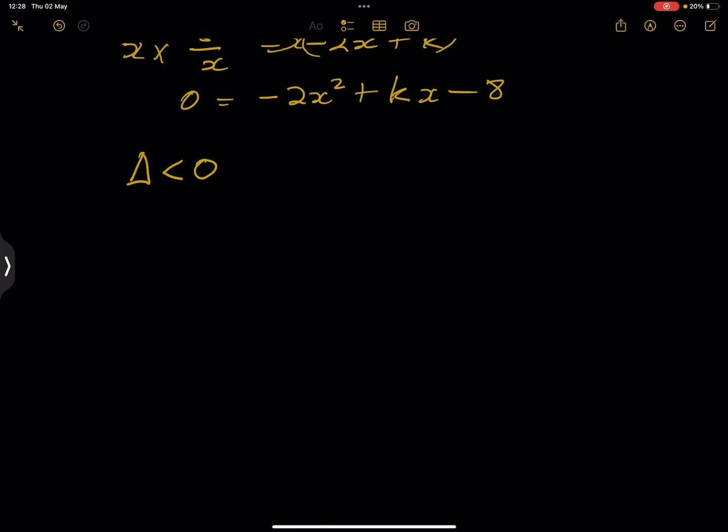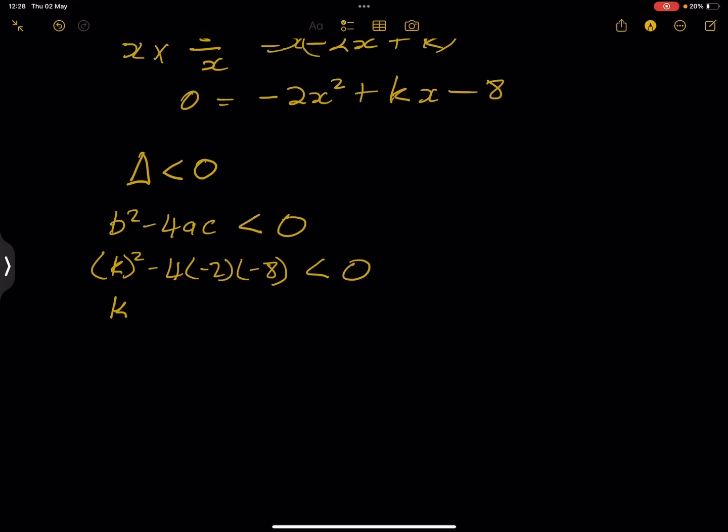So I'm going to take b squared minus 4ac, and this must be less than 0. That will give me k squared minus 4 times our a value, which is -2, times our c value, which is -8, and this should be less than 0.